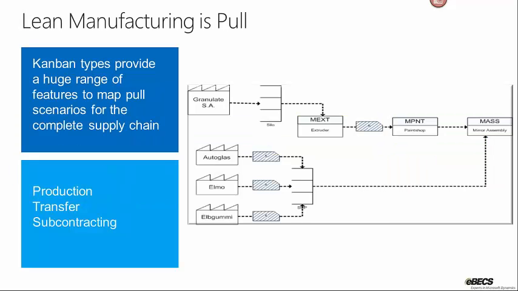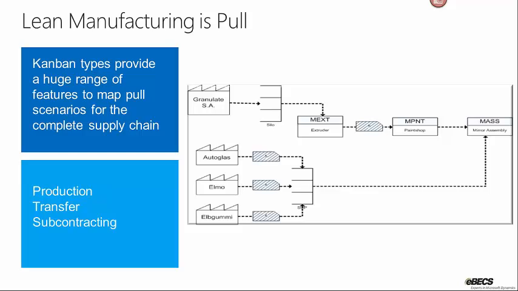So lean manufacturing is pull. There are a number of different Kanban types that allow us to manage that pull. The Kanban is the electronic signal in AX. It's equivalent to a production order. So if we produce a Kanban, that means we're producing a finished good or a semi-finished good.